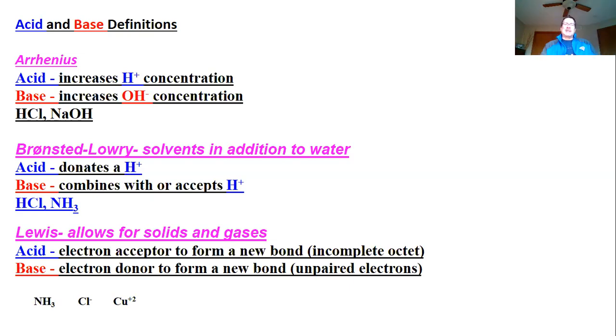We say that acids start with a hydrogen, bases end with hydroxide. Or when I dissolve them in water, the acid increases the amount of hydrogen ions in that solution. The base increases the amount of hydroxide ion in solution.